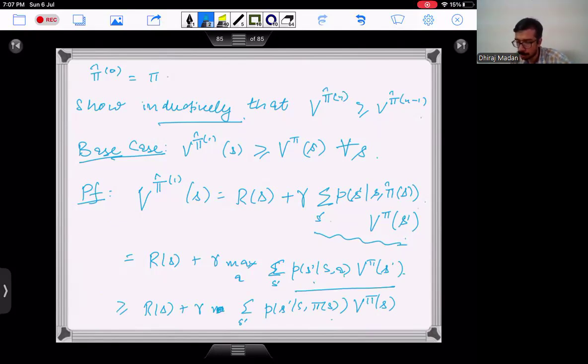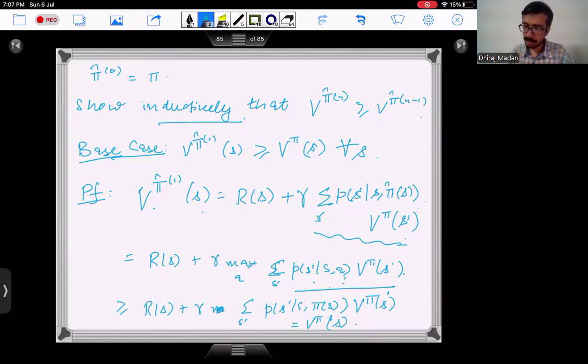So this is greater than or equal to the value if I substitute A to be pi of S. And now, since V pi satisfies Bellman's equation, this must be equal to V pi of S by Bellman's equation. So from here, what we get is that V pi hat 1 of S is greater than or equal to V pi of S for all S.